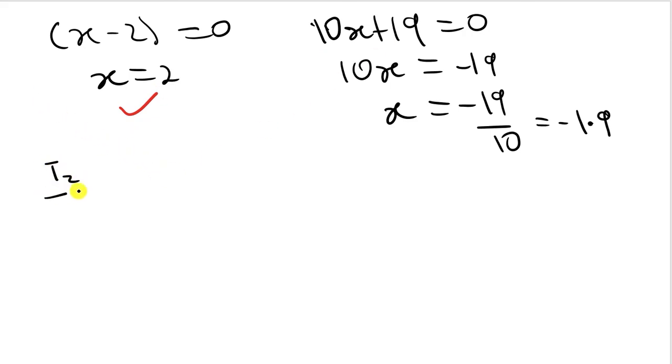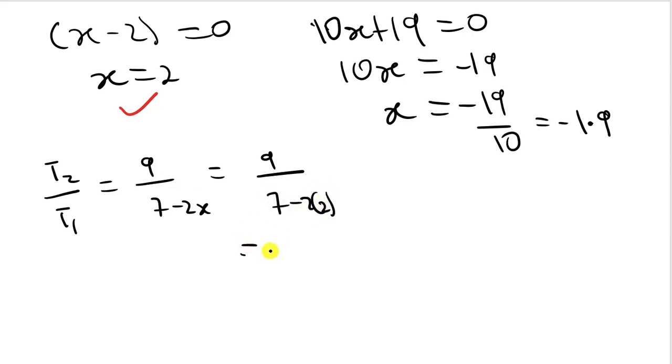Our T2 over T1 was 9 over 7 minus 2x. When x is equal to 2, we get 9 over 7 minus 2 times 2, and this gives us 9 over 7 minus 4, and that is 3, so 9 over 3 gives us 3. It means that when x is equal to 2, indeed the common ratio is 3.